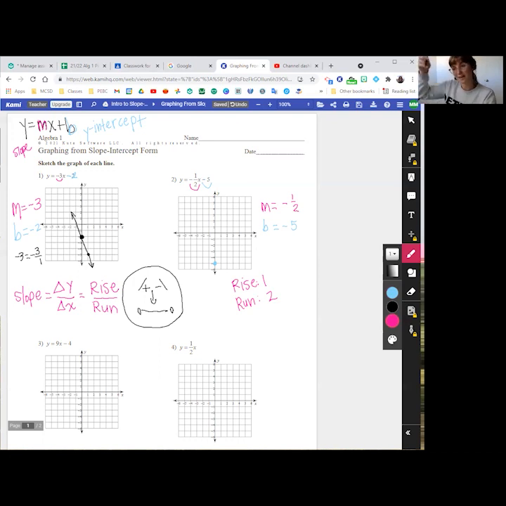So a negative number is going to tell you to go down, whereas a positive number will have you go up. And always run to the right. So in this example, I start out at, again, negative 5, and then my rise is negative 1, so I go down 1, and then I run to the right over 2. From here, I just need to connect my points together and add arrowheads, and I get my line.